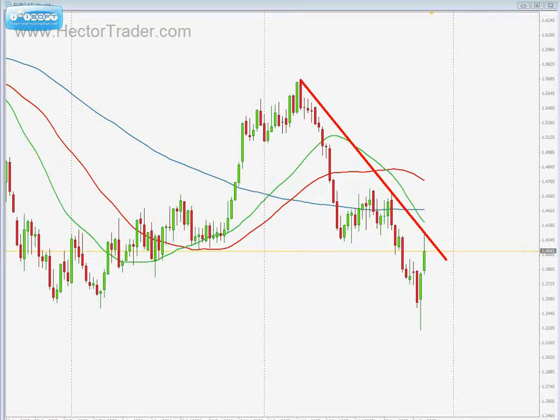Always keep the chances on your side. Always try to look at the whole picture and verify that in the longer time frames you are not either entering long against long-term resistance or going short against long-term support.